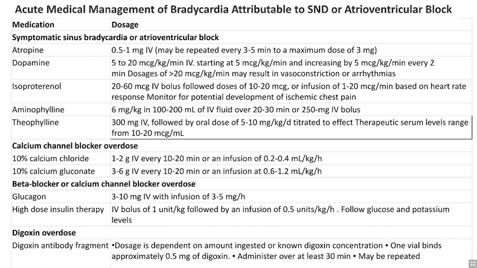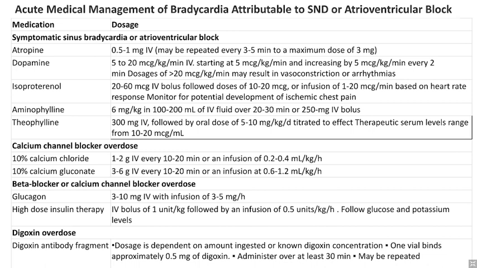You can use atropine, 0.5 to 1 mg intravenous, and atropine may be repeated every 3 to 5 minutes to a maximum dose of 3 mg. Dopamine, 5 to 20 micrograms per kilogram per minute intravenous, we can use.